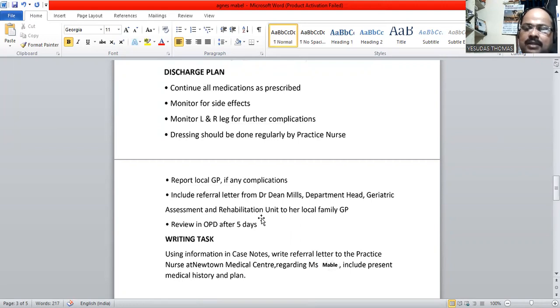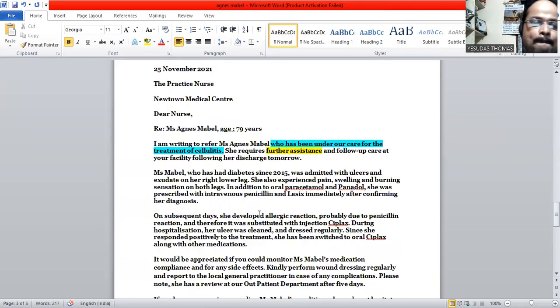So that's the reason why we have not included that thing. The writer has no means to convey, as the person whom we are writing to is a practice nurse. She has no role in that, so that's why we are not mentioning that in the discharge plan.